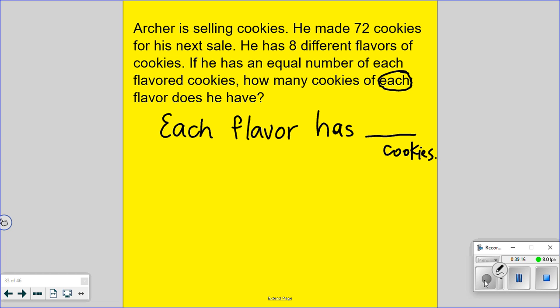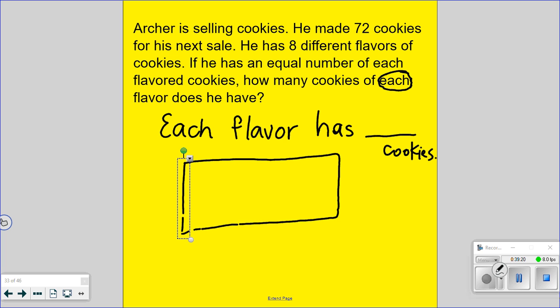All right, let's draw our box. Draw our model. We are always going to draw a model, even if you choose a different strategy. We're going to make 2 bars.